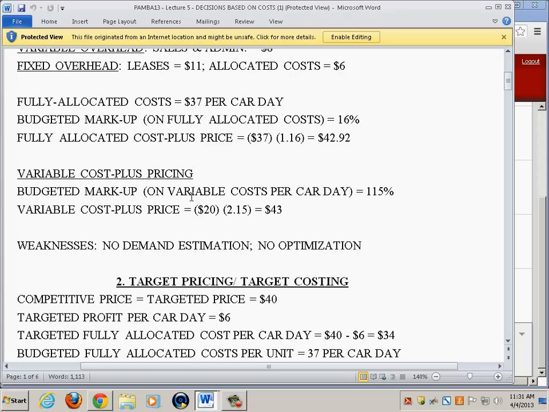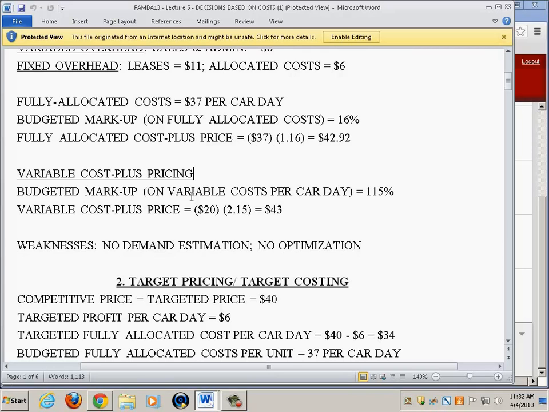So we can determine the price, but then the quantity that we can sell will be determined by demand, or we can determine the quantity and then the price will be determined by demand. But obviously we cannot determine on our own as a business both the price and the quantity. That's just too good to be true, right?